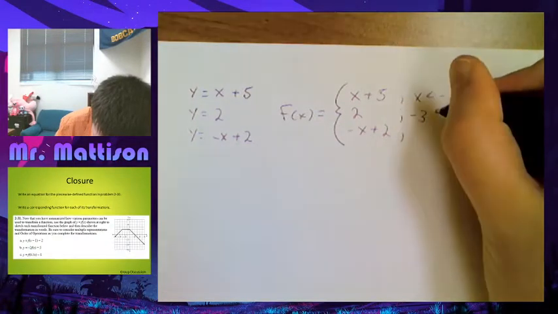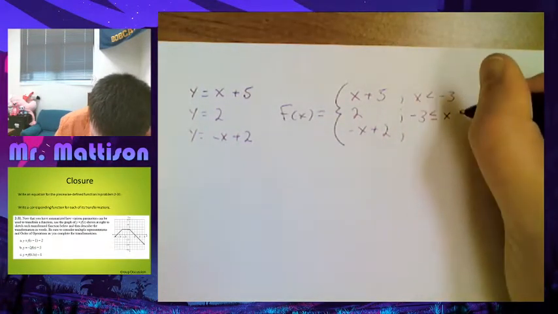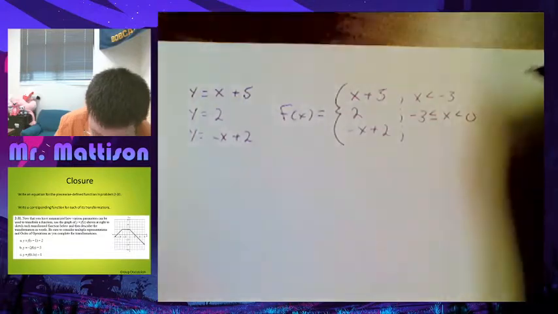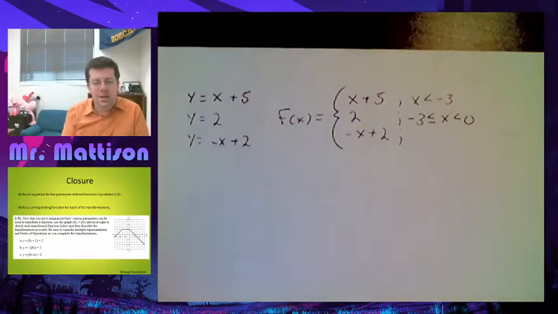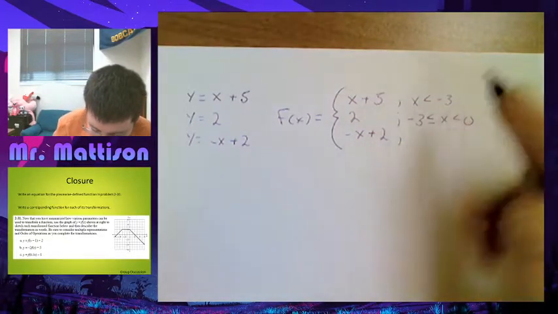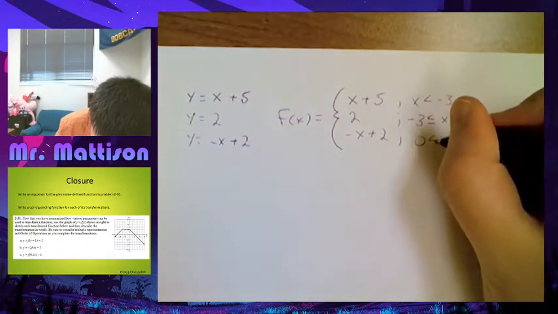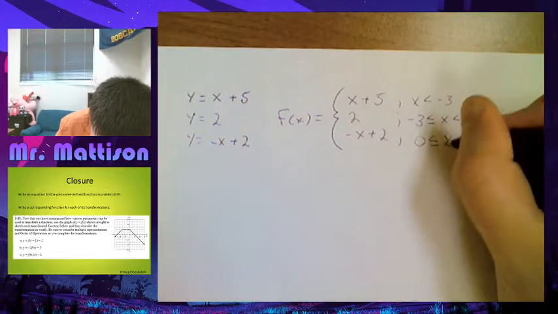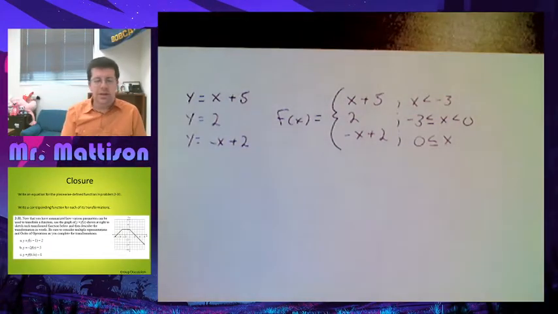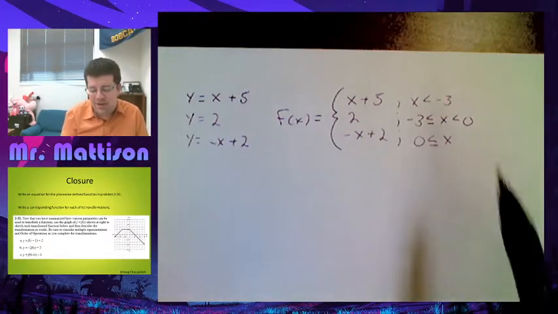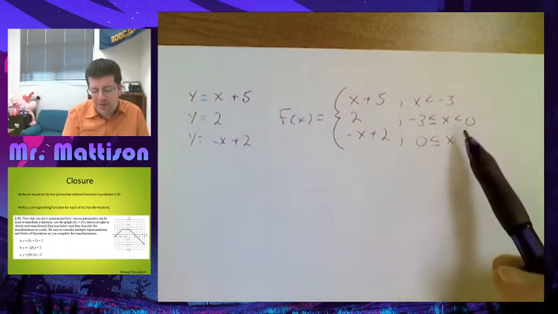So negative 3 to 0. Okay. And then lastly, this is going to be from 0 and larger. So whenever my x is larger than or equal to 0. So the things that we want to keep in mind is that there's no overlap here.